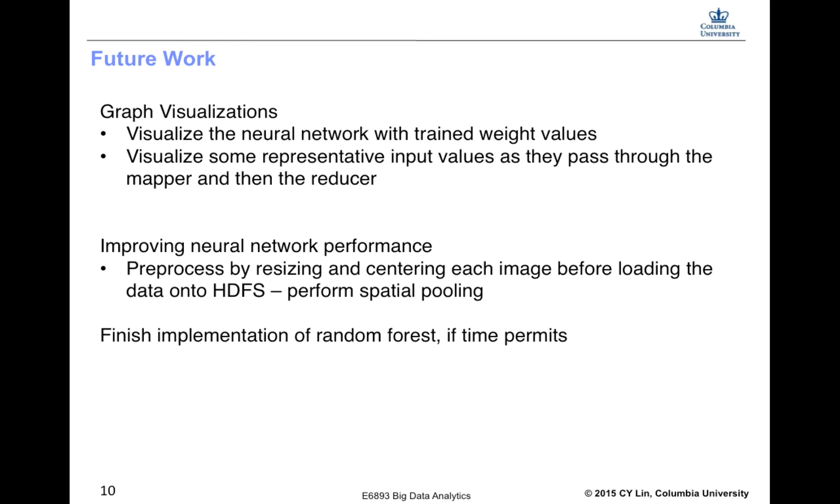And the implementation itself was quite slow in D3, so we ended up leaving this out for now. We're not sure if we'll put it back in. Maybe there's a useful way to visualize a subset of the data or something like that. We could also choose to improve the neural network by pre-processing, and we decided in the end not to finish the implementation of the random forest. So overall, that's our project. Thank you for your time.